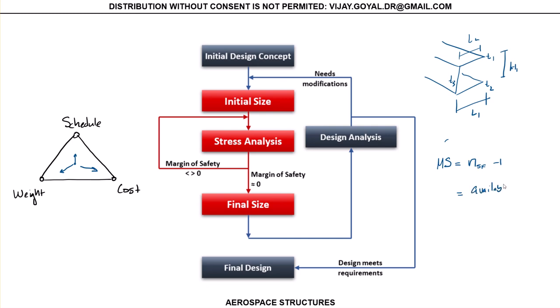How much available stress can your structure handle versus how much is applied. And then you subtract 1, and it gives you the margin of safety. But we will talk about this a little bit more as we move forward. And if this is less than 0, it's a failure, right? Then you have to go back here. We want to bring this as close to 0 as possible.